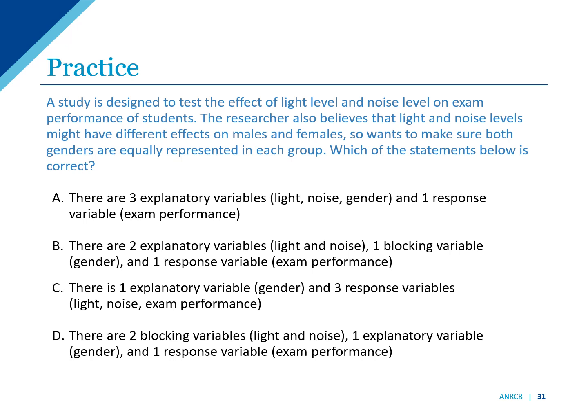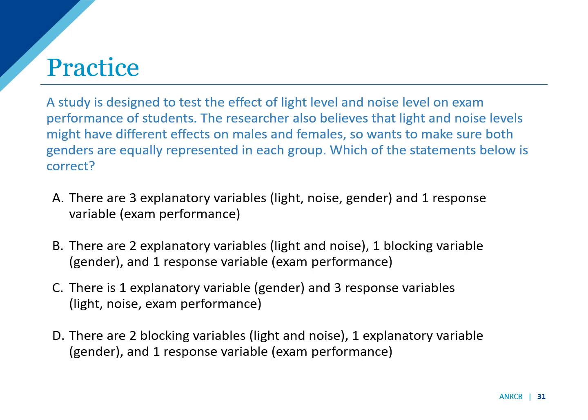A study is designed to test the effect of light level and noise level on exam performance of students. The researcher also believes that light and noise levels might have different effects on males and females, so wants to make sure both genders are equally represented in each group. Which of the statements here is correct? A, there are 3 explanatory variables, light, noise, and gender, and 1 response variable, performance.